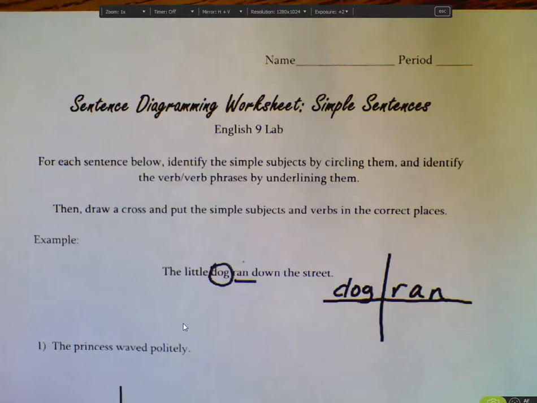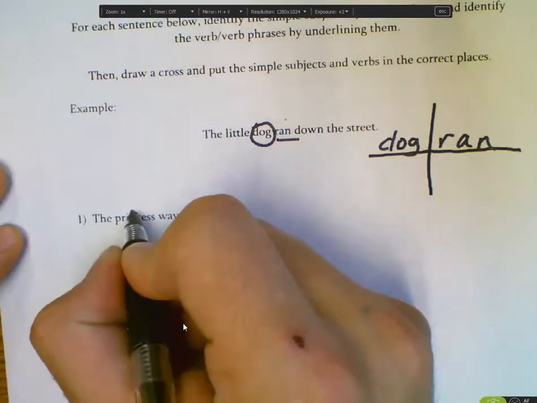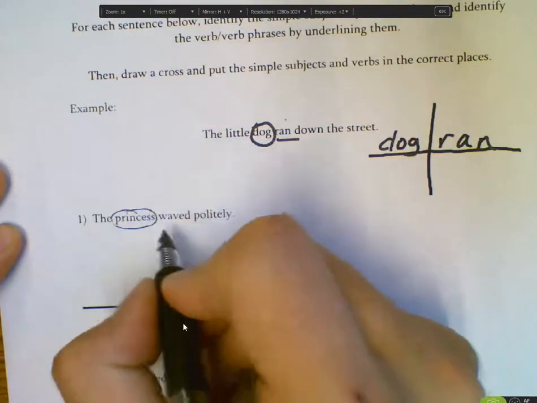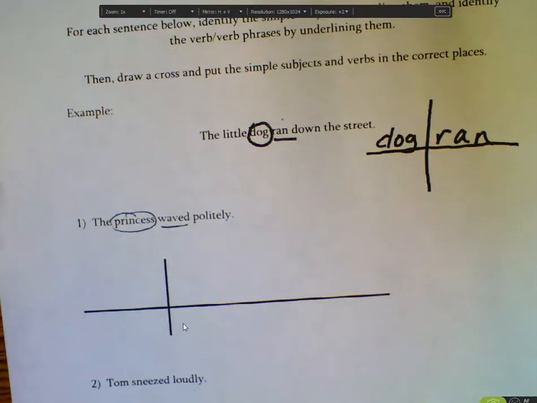It's really simple. To diagram a sentence, you first need to find the subject, which we did already in this sentence here. You should have circled princess. And then you next need to find the predicate, which would be waved, as our action verb.